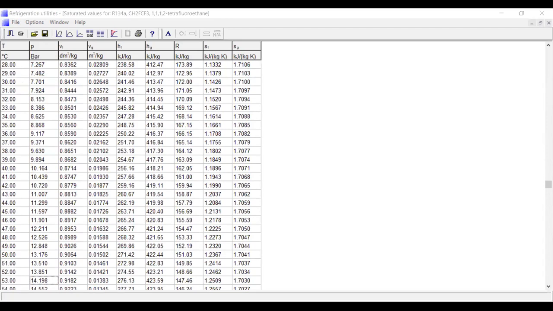See here, 7 bar. LPG may have 5 bars. So 7 bar to here, a 3.746 bar pressure reduction. So you can see.